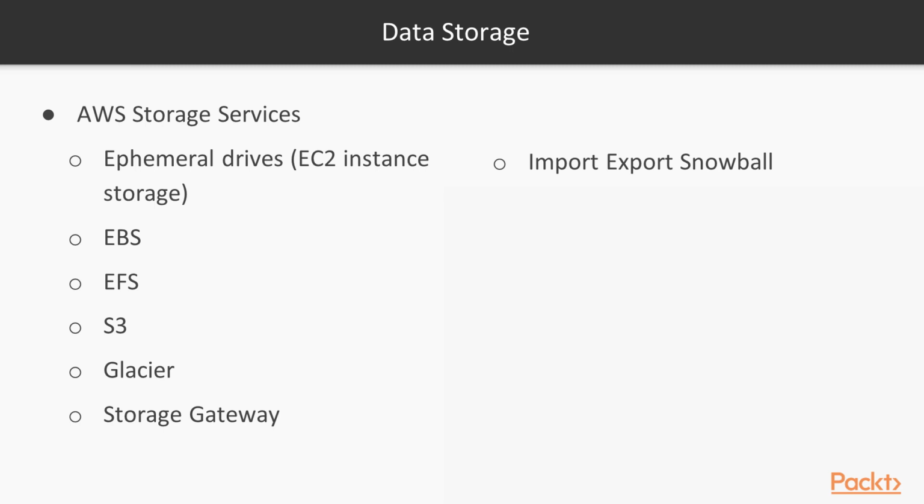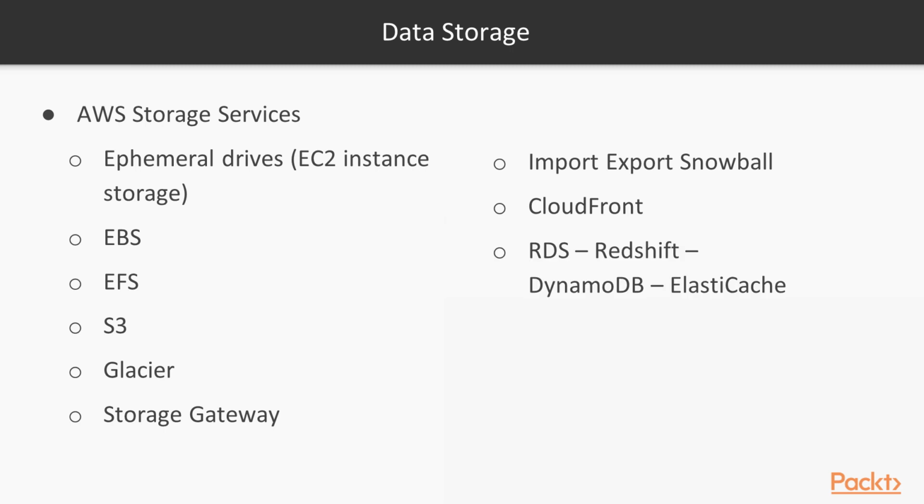In CloudFront, which is the CDN, the Content Delivery Network, we can also find information, the same as you can store information in the RDS database, Redshift, DynamoDB, or ElastiCache. I also didn't want to forget Elastic MapReduce or Elasticsearch Service, because at the end of the day we can have data there.